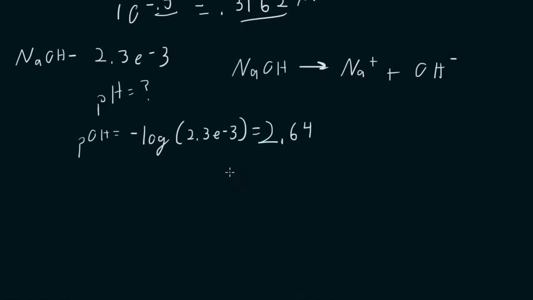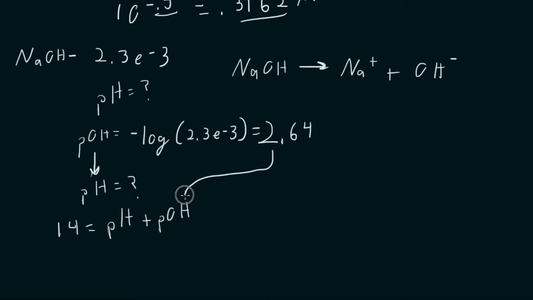So now I want to go from pOH to pH. How do I go from pOH to pH? Well, that's going to be using this equation. 14 equals pH plus pOH. Well, I've got the pOH here. I'm just going to put that 2.64 in for that. So that's going to be 14 equals my pH plus 2.64.